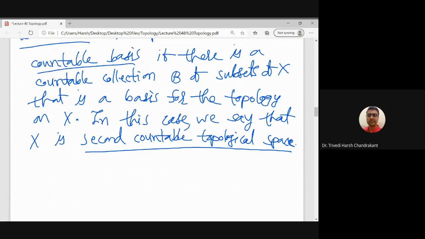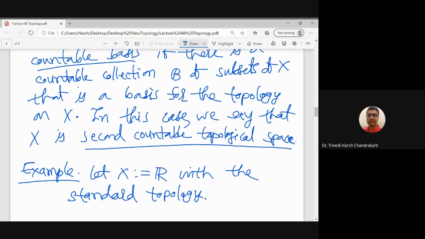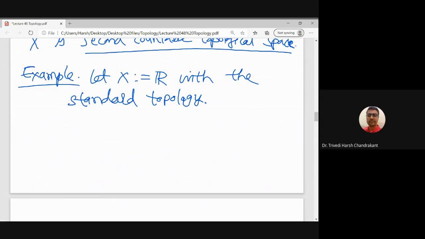What is the example? The example is very simple. Let X be the set of real numbers with the standard topology. Now we know that for the real numbers with the standard topology, the basis is open intervals.